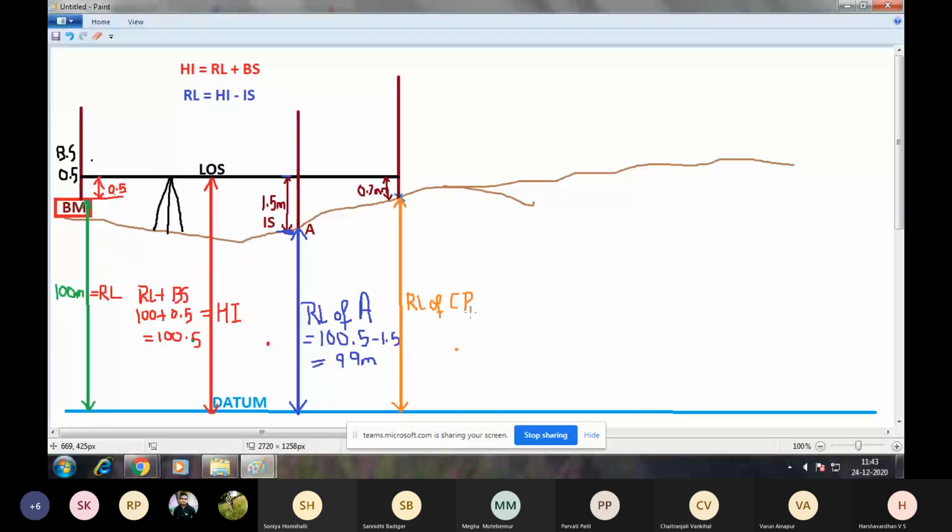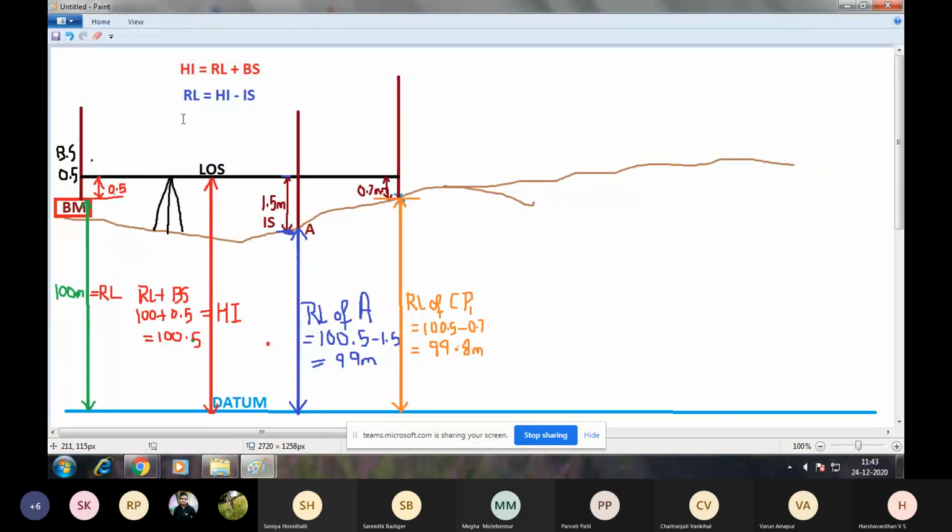So I already know the height of instrument. Height of instrument is 100.5. So height of instrument minus 0.7. Simple subtraction, 100.5 minus 0.7 meters.